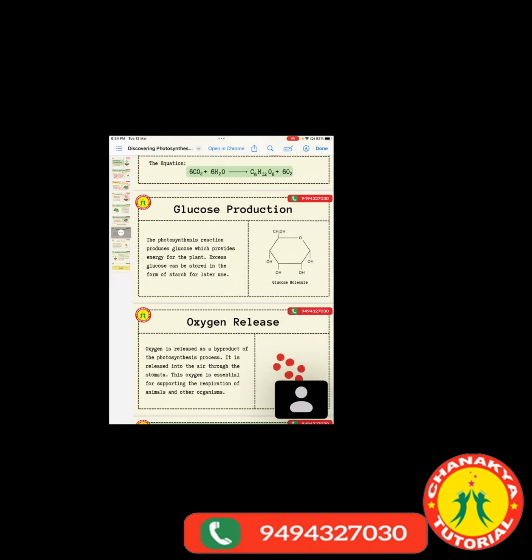Now, glucose production. The photosynthesis reaction produces glucose, which provides energy for the plant. So as soon as glucose is produced by the plants, what do they get? They get the energy.